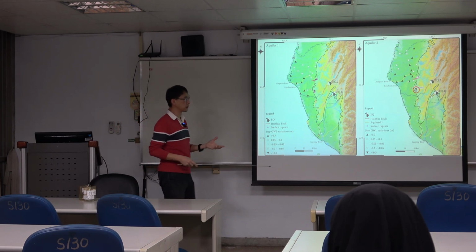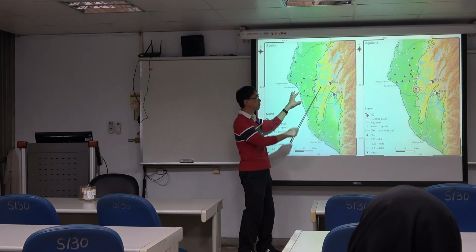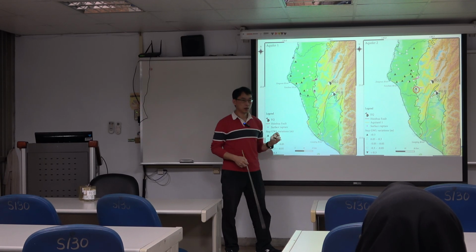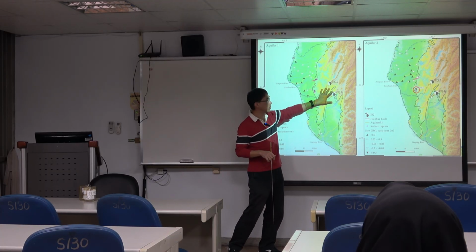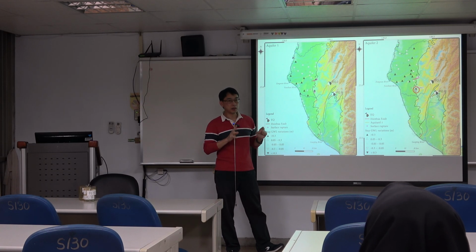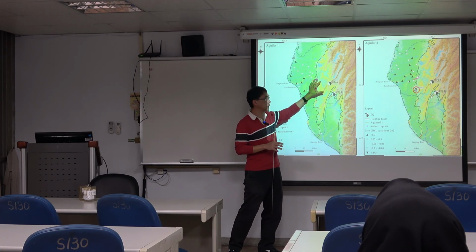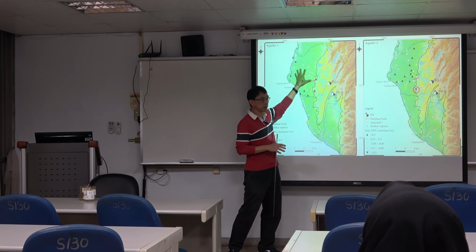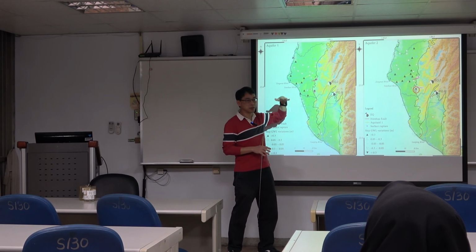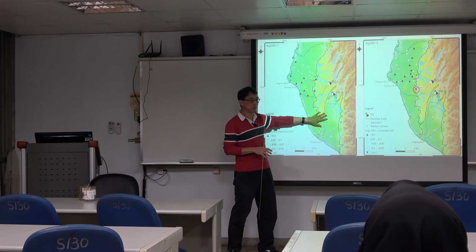So when we say this area has larger PGA and PGV, and this one has less, we imagine the energy is released in this direction. That could be possible. But another possibility is that the energy is uniformly distributed, but in this area it is easier to see the variation on the surface, and this one is not.